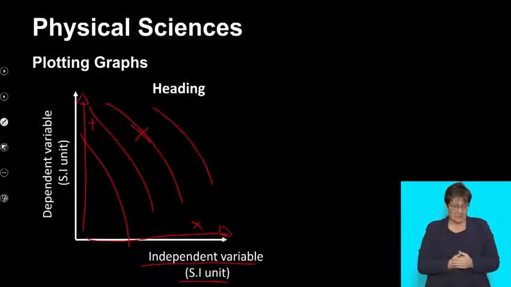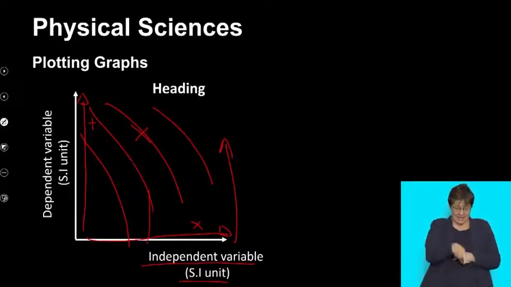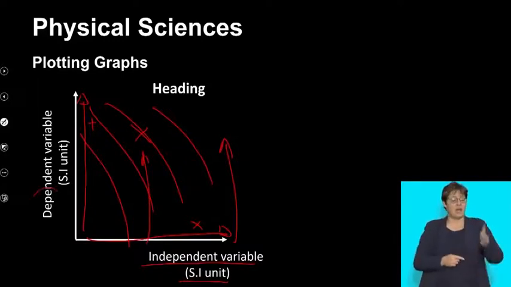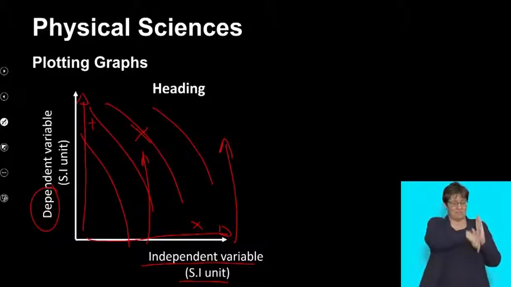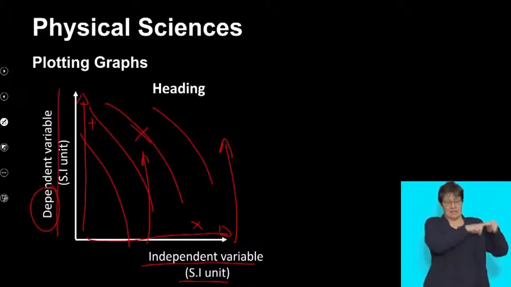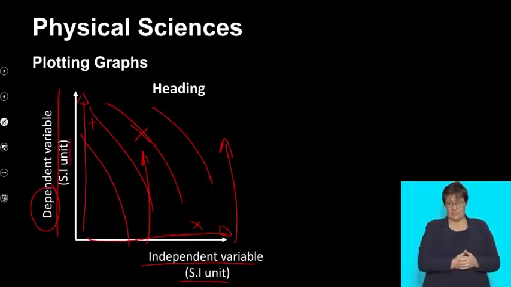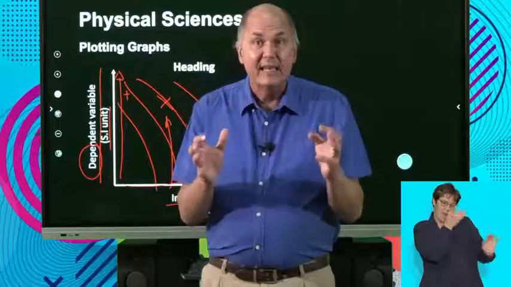So, if the independent variable is at the bottom, the place where you dive in, the swimming pool, you dive in at this side, then this is where the deep end is. The deep end is for the dependent variable, which is on the vertical axis. Please always put the SI units there, and put them in brackets so we've got it very clearly stated.